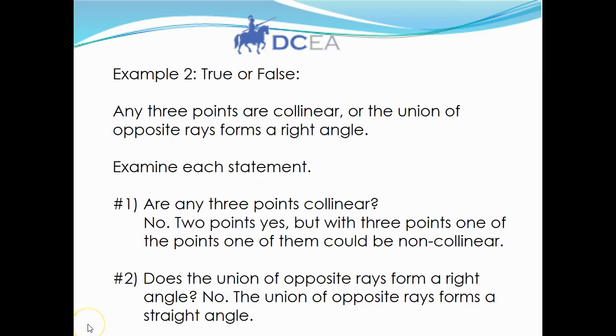Let me show you an illustration. So if you have 2 points, they'll always be collinear because you can connect them with a line. But a third point might be on the line, but it might be over here.